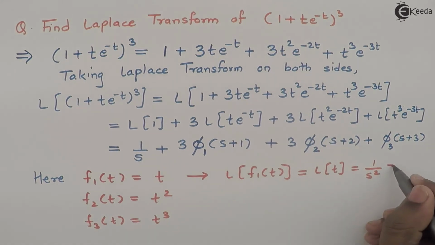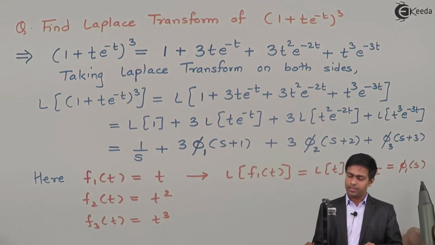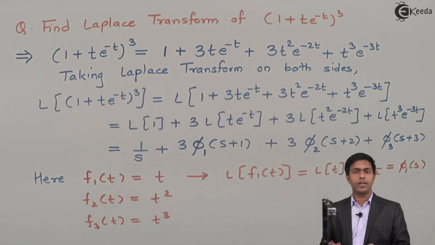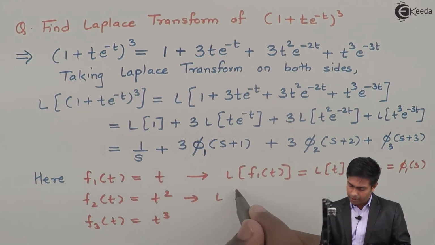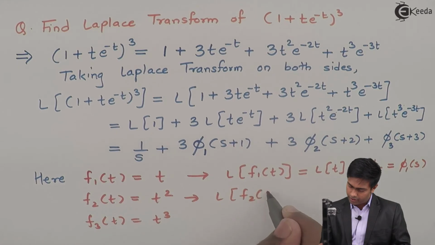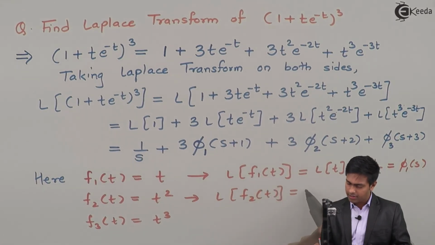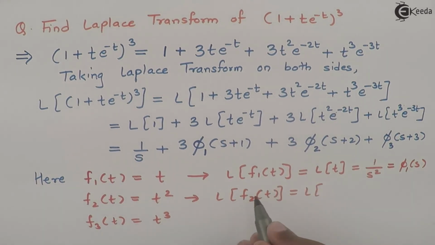So I can say that this is my phi1 of s, because I am getting this function from f1 of t. Similarly, from the second function we'll get Laplace of f2 of t. Now what is f2 of t? t square.